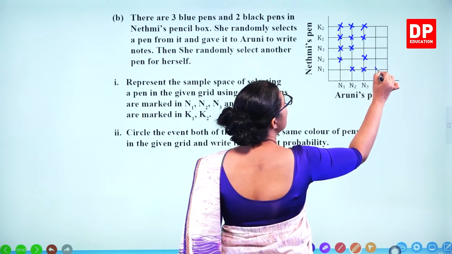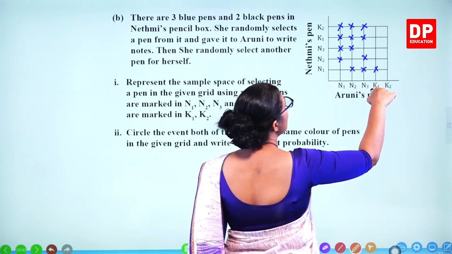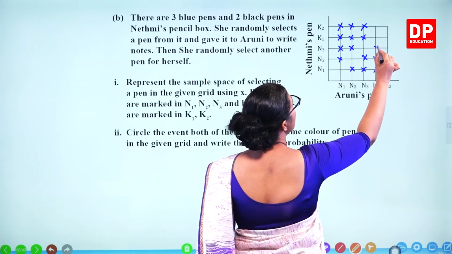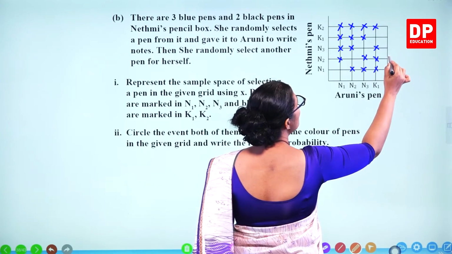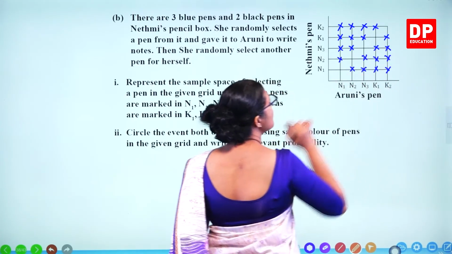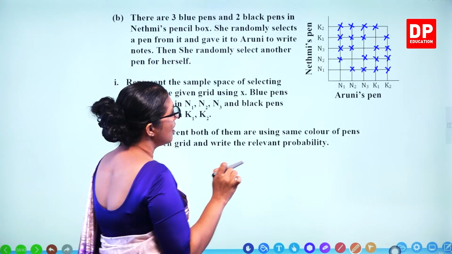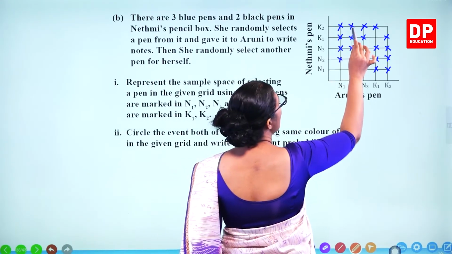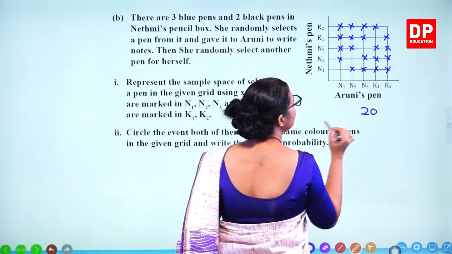All the other possibilities are there. If it's K1, again K1 is not possible. If it's K2, K2 is not possible. So altogether how many outcomes? 1, 2, 3, 4, 5, 6, 7, 8, 9, 10, 10 and 10, 20 outcomes are there.